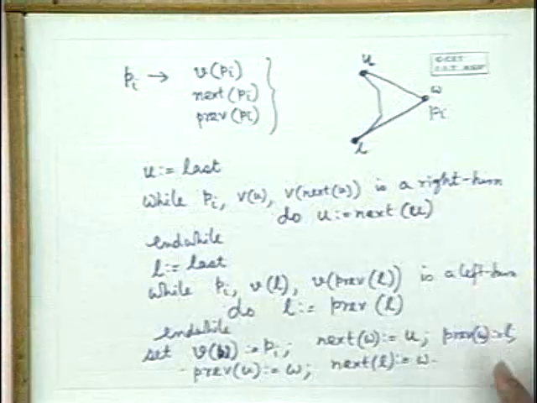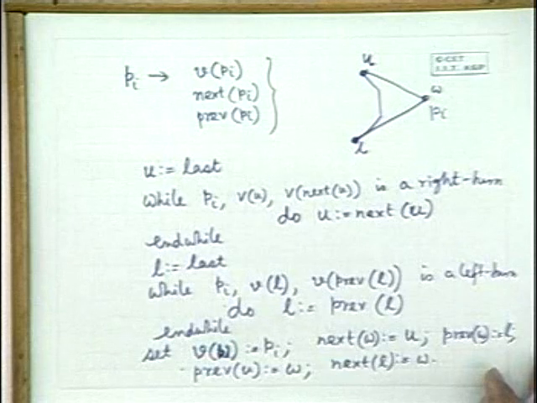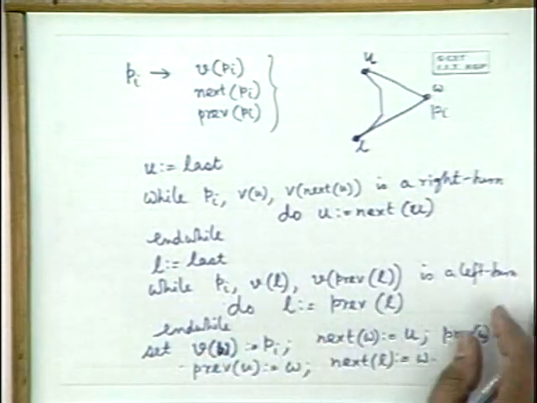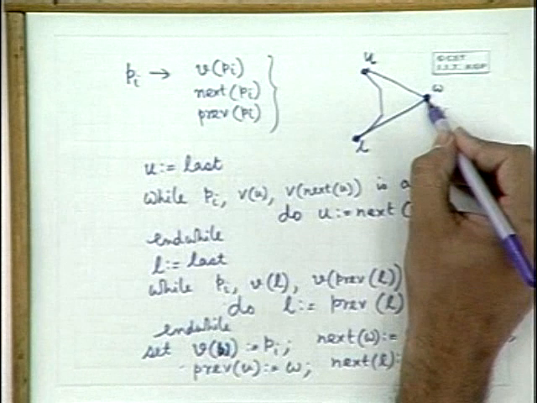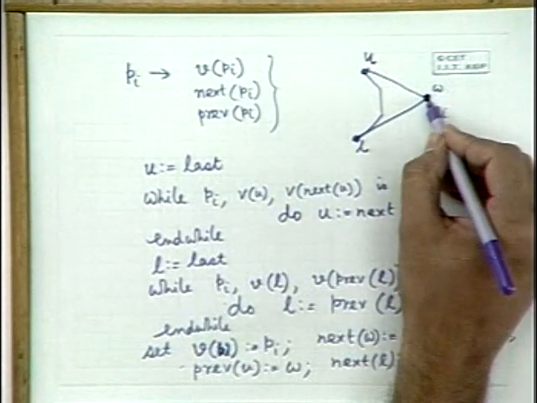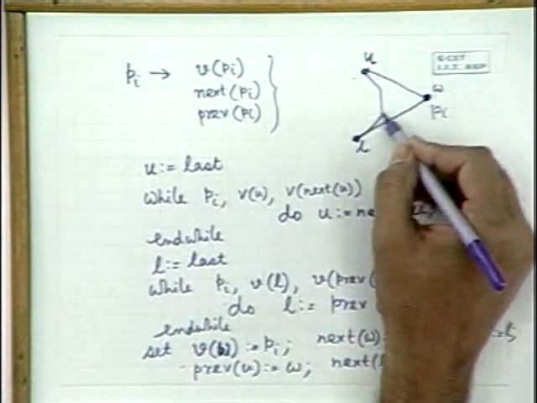Now let us see how much time this takes. Yes, somebody has already observed that it is n square. Why is it n square? Because at each point pi, we are going to walk up or walk down.